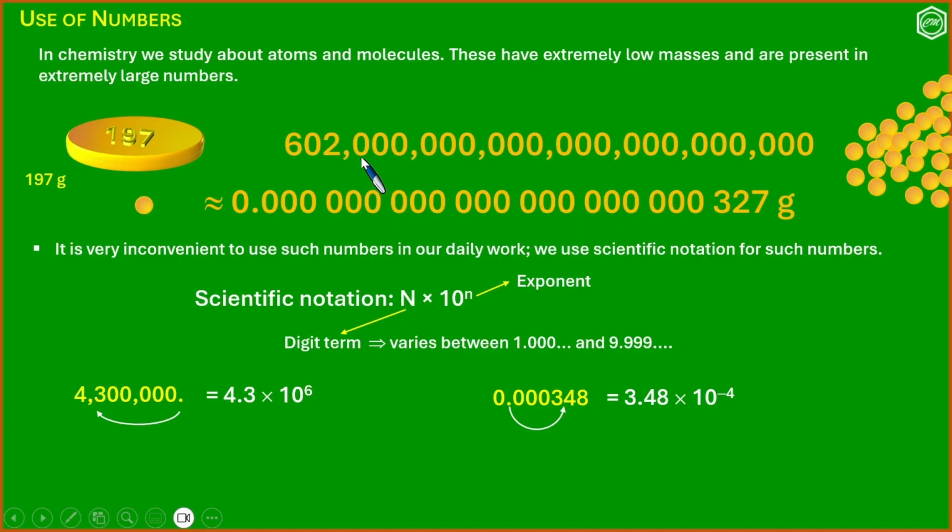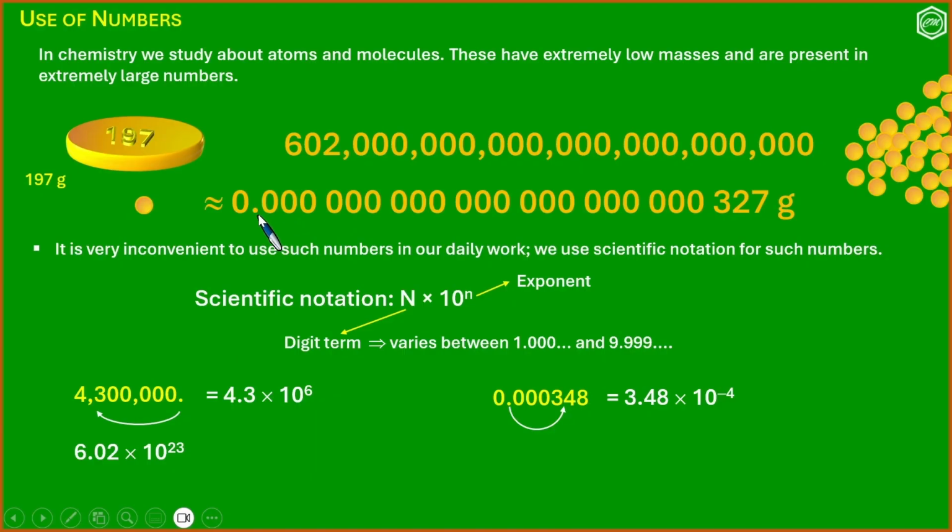And now we can write down this extremely large number in scientific notation. So imagine the decimal is placed here. We move this decimal 23 places towards left, so that the digit term is 6.02. So the number will be 6.02 into 10 raised to 23. Now come to this number.